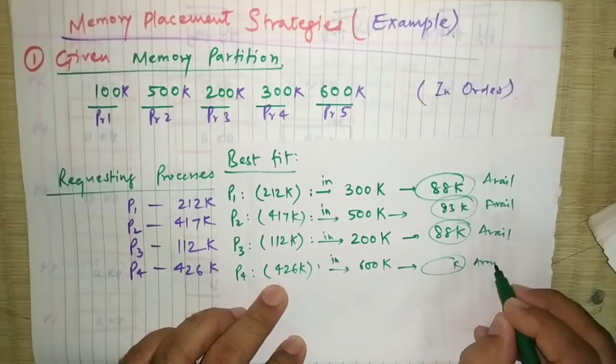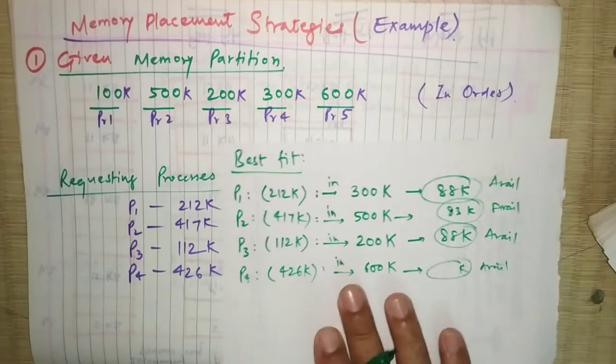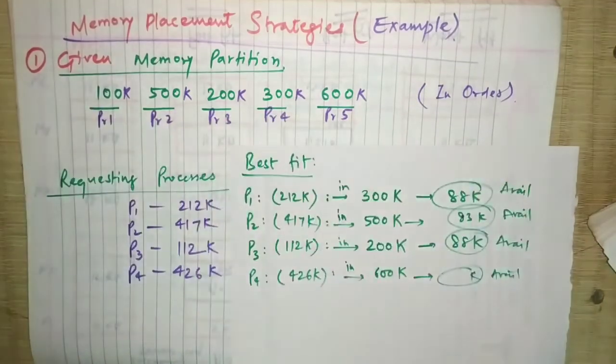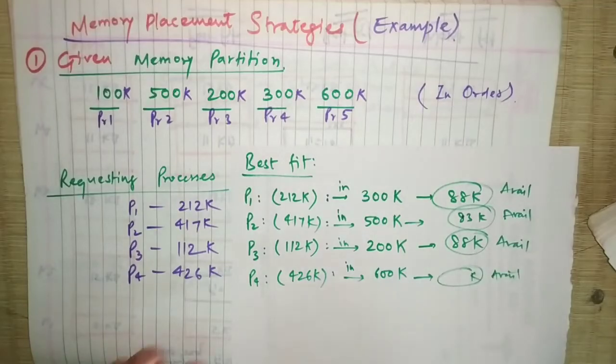This is available. Now the beauty of this strategy is that it has allocated all the requesting processes inside this memory partition. The beauty of the best fit strategy is this only: it allocates the smallest hole that is big enough. You can calculate the total available space.